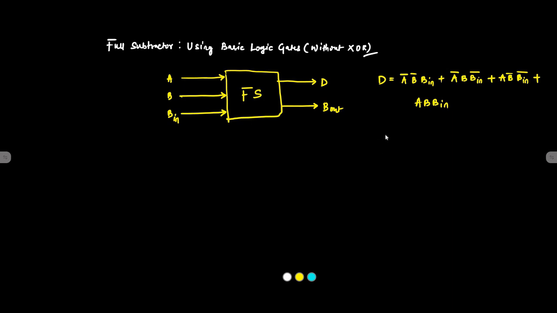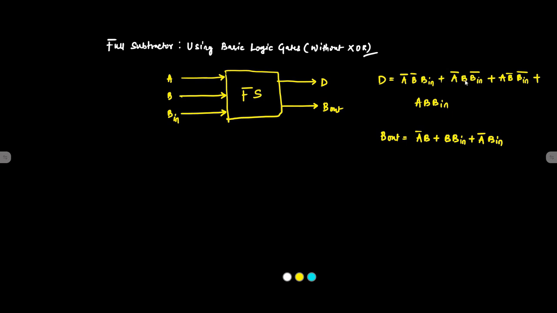And for borrow, the expression stays the same. A bar B, or B, B in, or A bar B in. Okay, same as the previous case. So now here we have to use 4 3 input AND gates because there are 3 inputs which are in AND form. I always told you product means AND.